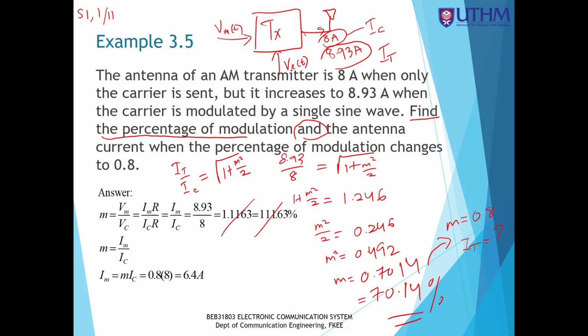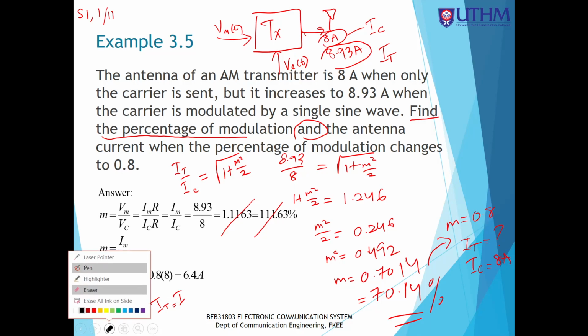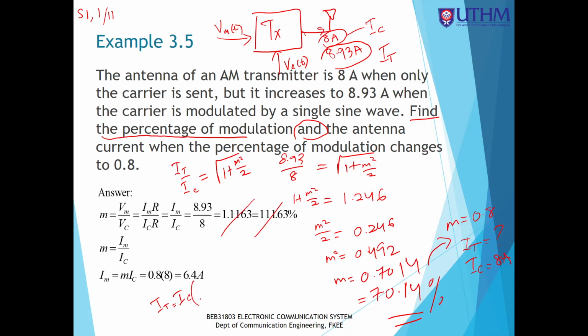What about IC, I carrier? I carrier is still the same, which is 8 ampere, still the same as the previous one. So therefore I total is equal to IC in brackets square root of 1 plus m square over 2.